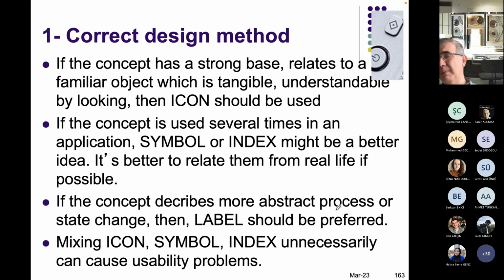If the concept describes more abstract process, then label should be preferred. Mixing icon, symbol, index levels unnecessarily creates usability problems. If you are using icons, make all of them icons. If you are using indexes, make all of them indexes if possible.